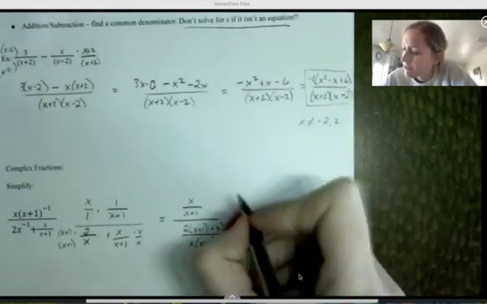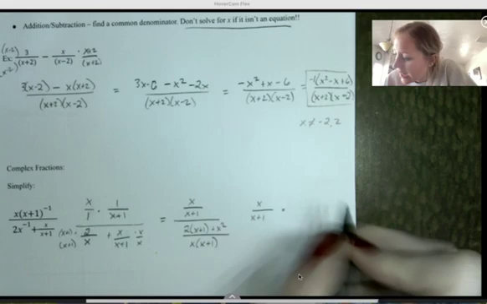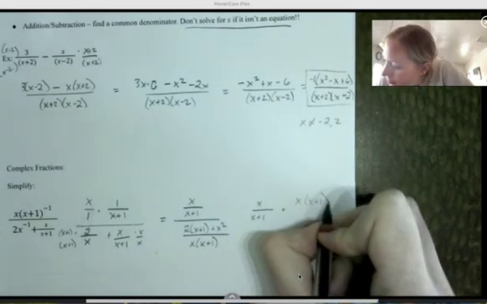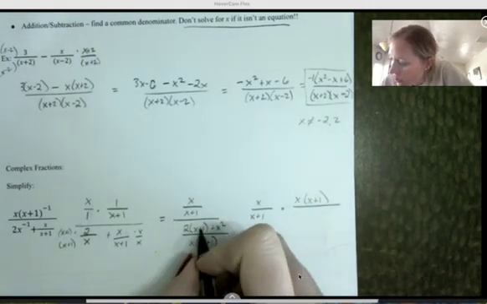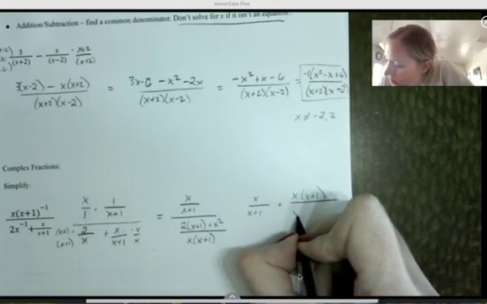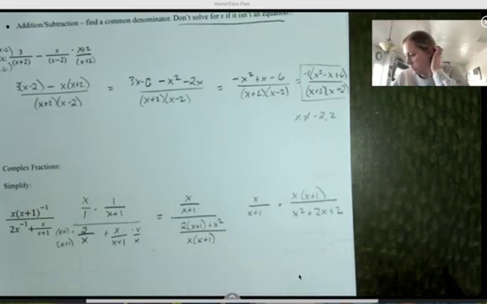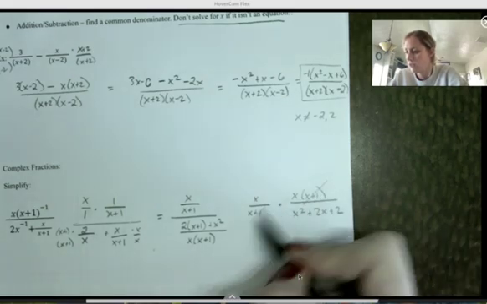So I have x over x plus 1 times, this guy's going to flip. I'm going to do a little combining of like terms there. So I've got 2x plus 2. All right, so these guys I can cancel.